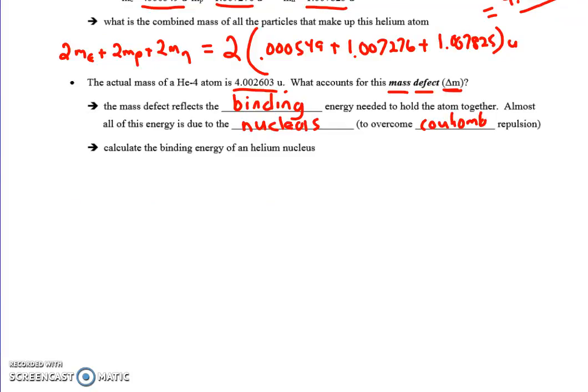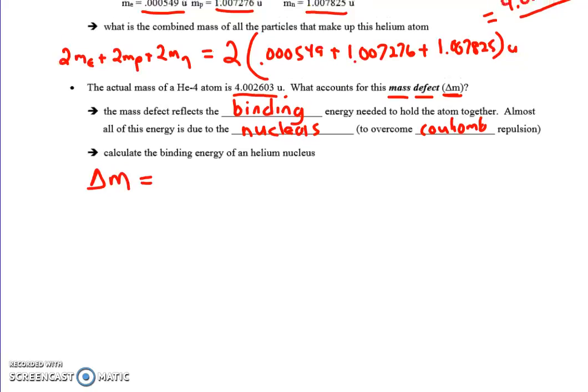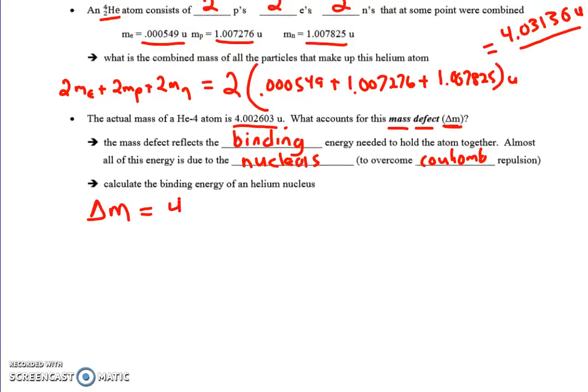So let's first of all calculate the mass defect. The mass defect is the difference in mass between the overall atom and the individual parts. Our overall individual parts, we saw earlier by calculation, was 4.03130, and the mass of a helium atom is 4.002603 U's.